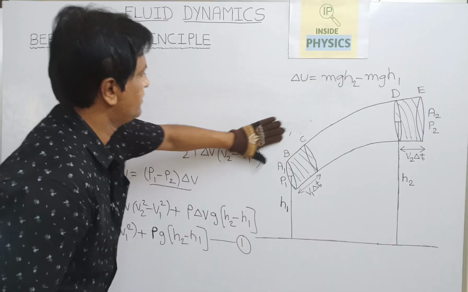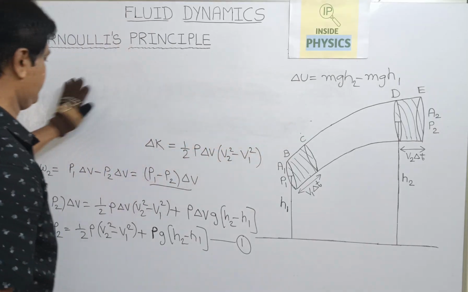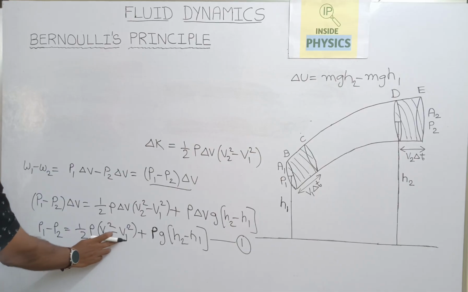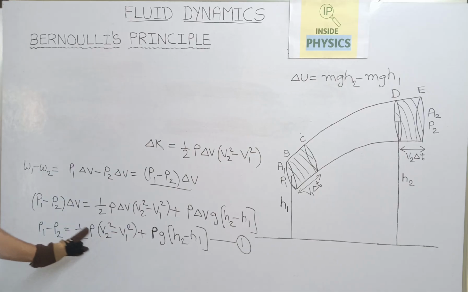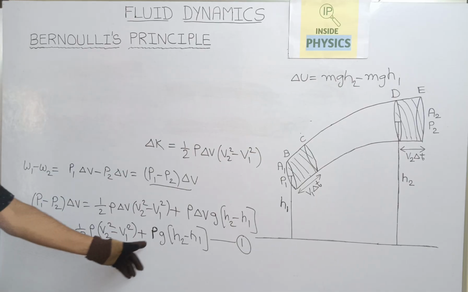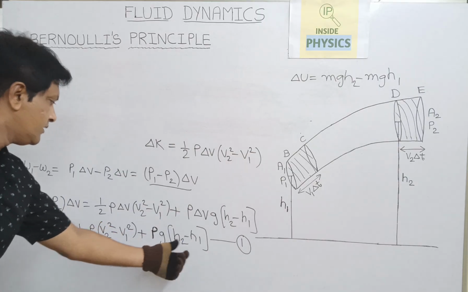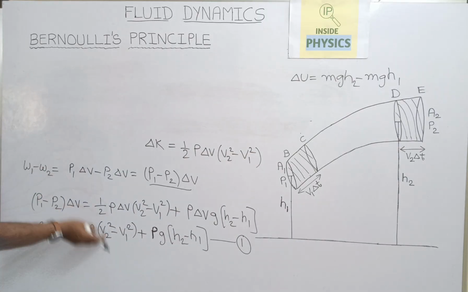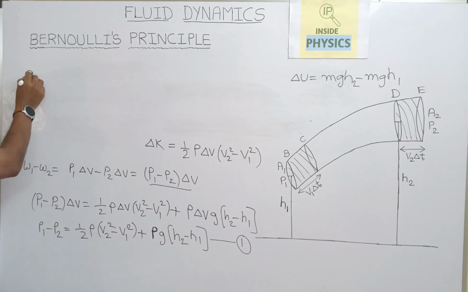So I will write here. See, this half rho v1 square is brought to the left side, and this term rho g h1 is brought to the left side. So from this relation, what can we write?